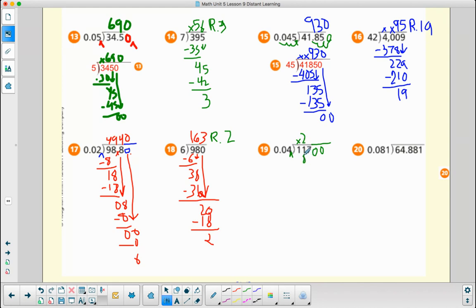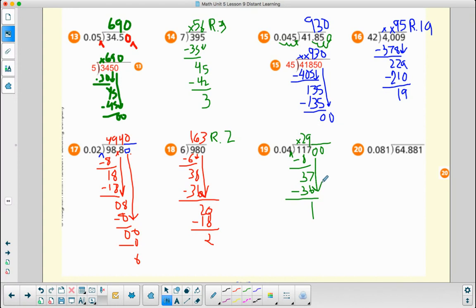A lot of these 8s, they're almost impossible to draw with this. Leaves me with 3. Bring down my 7. There's 9 4s in 37, because 9 4s is 36.